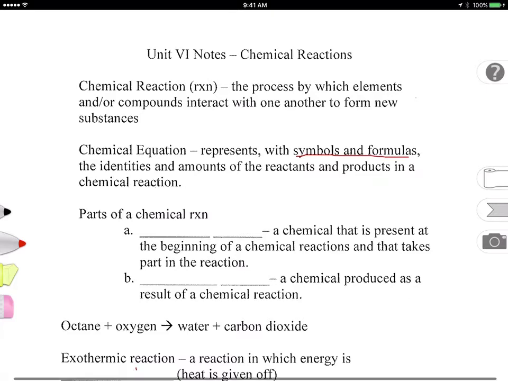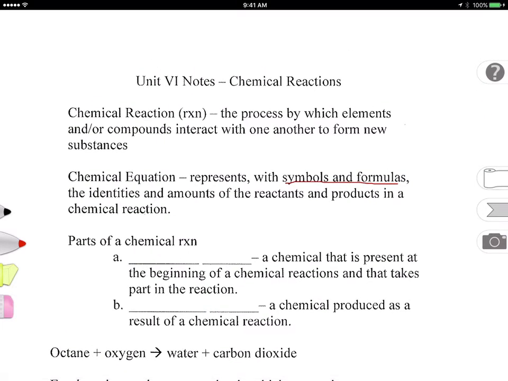Okay. The parts of a chemical reaction, there are two of them. The first one is things that are present at the beginning, which are our reactants. Those take place in the beginning. Letter B, produced at the end. Those are our products. Okay.